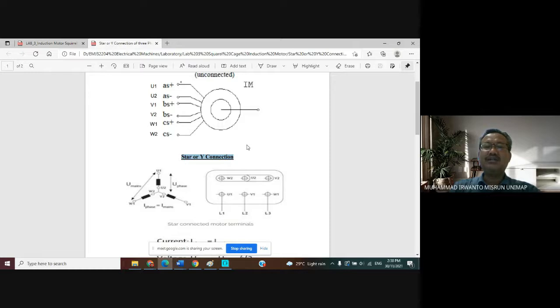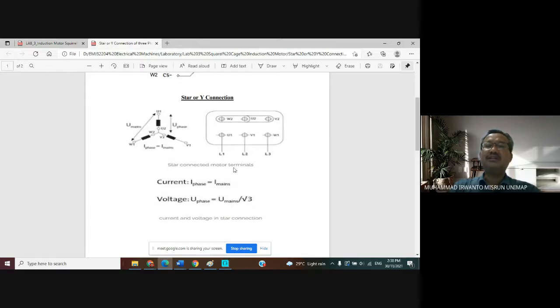In the physics of this motor, connect all of W2, U2, and V2 together to be the neutral. And then the others are the terminal connection, L1, L2, L3.